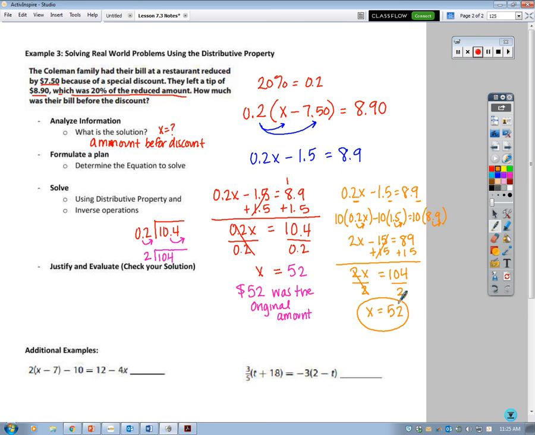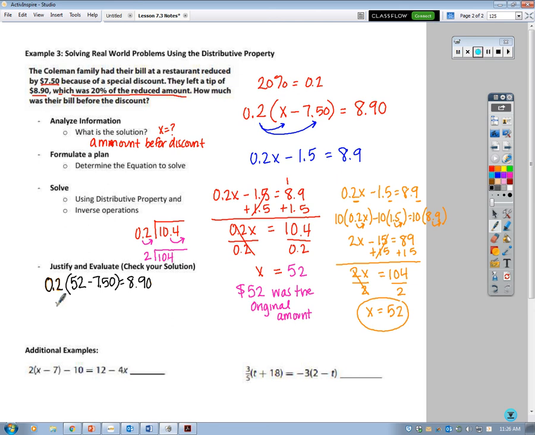Okay, and so then the last thing that you would do is justify and evaluate. So you would check your solution. So you would plug that number back into the equation to check and make sure you got it correct. So you go 0.2 times 52, because we determined that that was our value of x, minus 1.5 equals 8.9, or $8.90. So if I work that out, I should end up with the solution that is accurate, right?